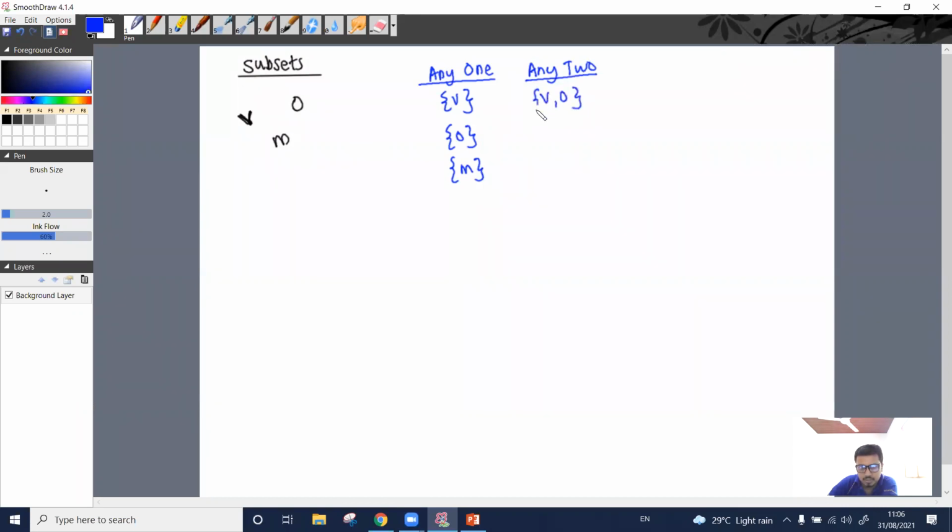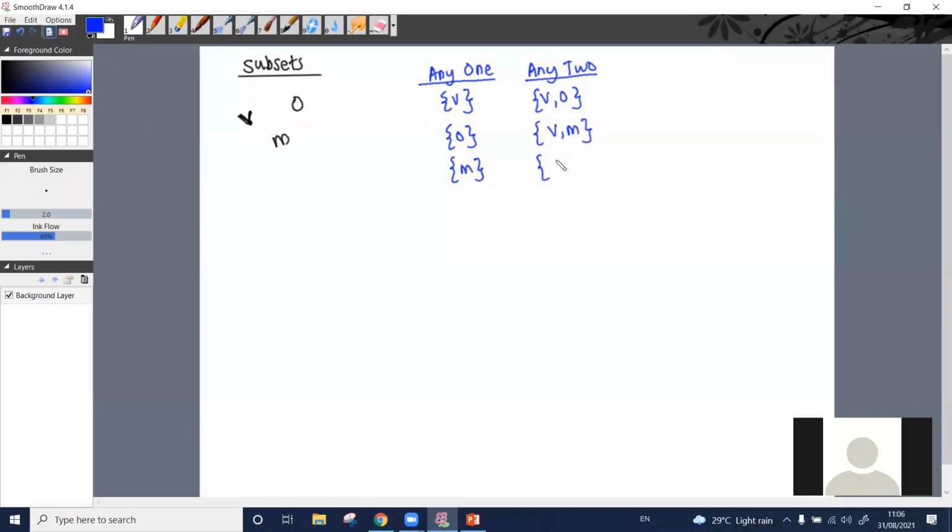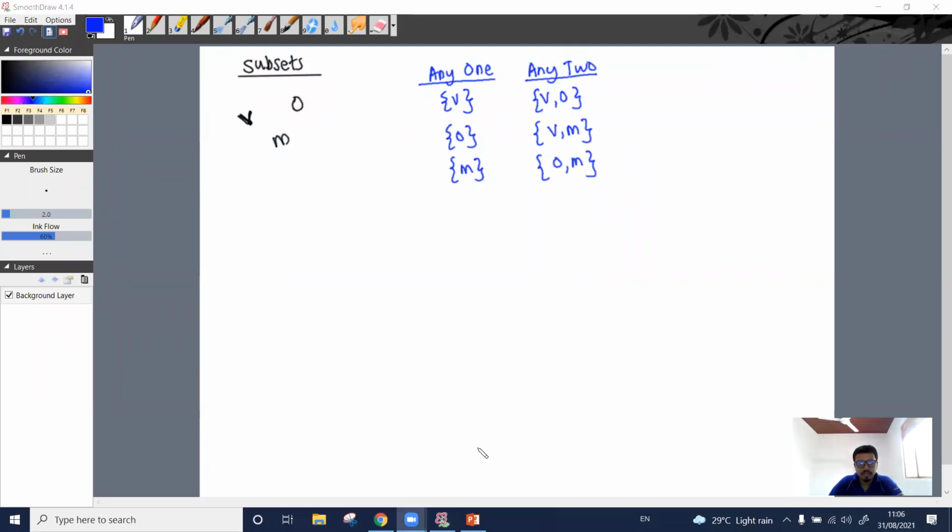This is one option. What else? Vanilla and mango. Orange and mango. So these are the three options you have if you select any two of these. Vanilla and orange, vanilla and mango, and orange and mango.